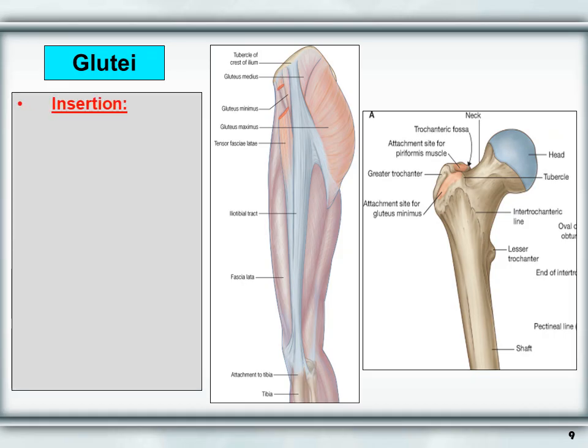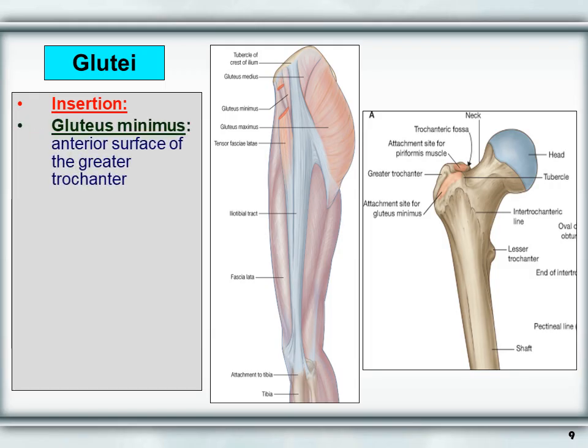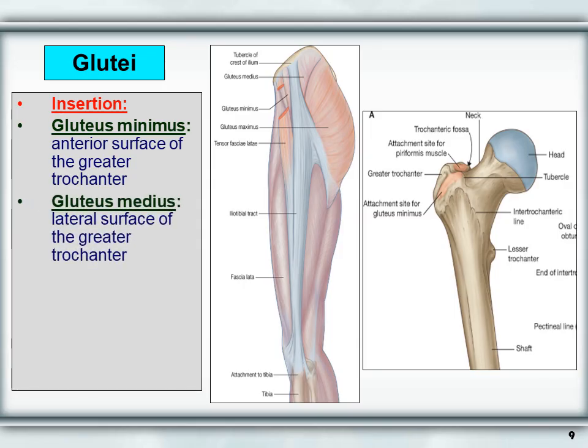Now we look at the insertion of the gluteal muscles. The gluteus minimus inserts on the anterior surface of the greater trochanter. The gluteus medius inserts on the lateral surface of the greater trochanter.